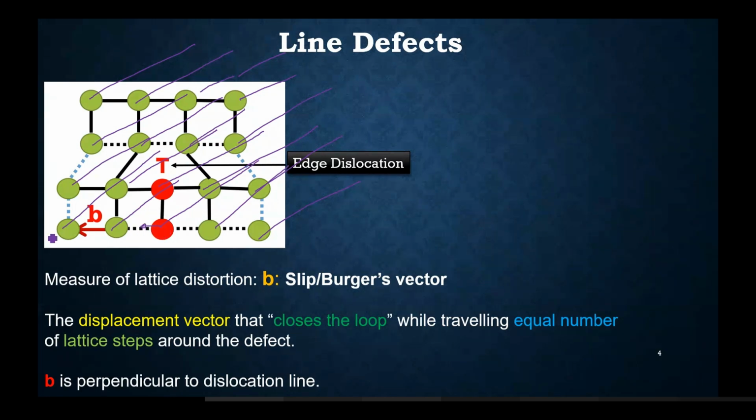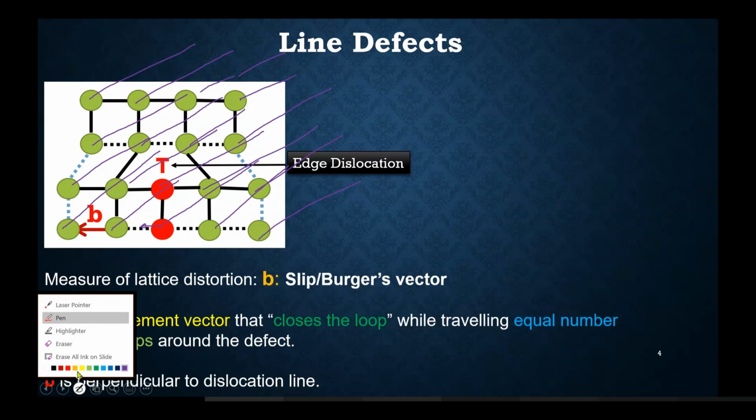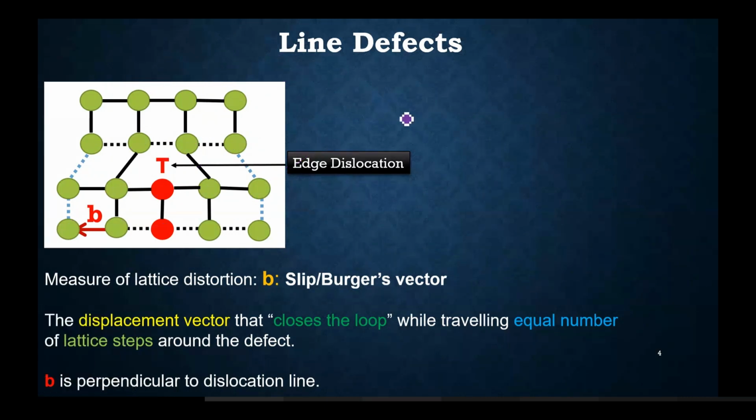Clear? This dislocation line is basically going into the screen, and this Burgers vector would be essentially perpendicular to this line.